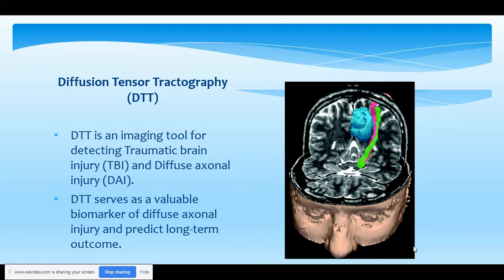Now we go to diffusion tensor tractography, which is a newer type of imaging tool, and it has more of an understanding of how the brain functions or does not function correctly.